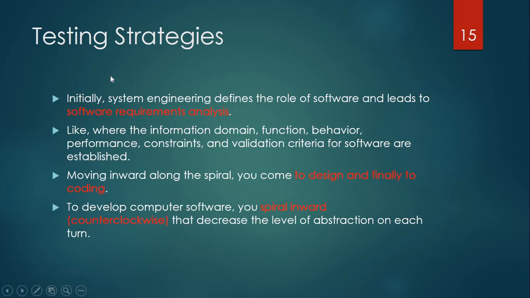Initially, system engineering defines the role of software and leads to software requirement analysis. Our first step is software requirement analysis, where the information domain, function, behavior, performance, constraints and validation criteria for software are established. That means what we are going to build.